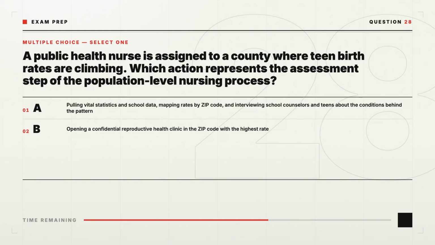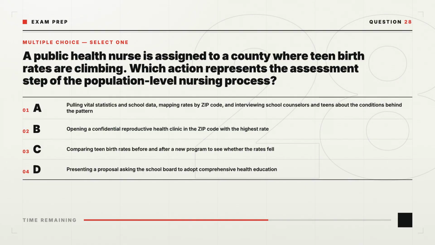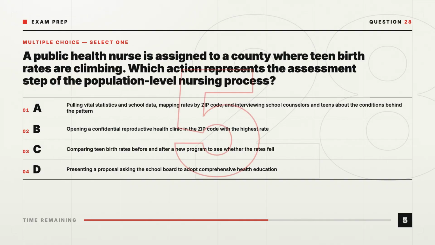B. Opening a confidential reproductive health clinic in the zip code with the highest rate. C. Comparing teen birth rates before and after a new program to see whether the rates fell. D. Presenting a proposal asking the school board to adopt comprehensive health education. What's your answer? Commit to one before I continue.